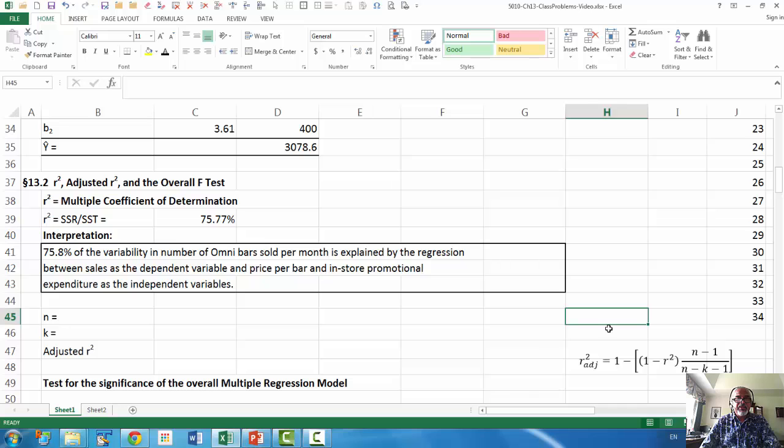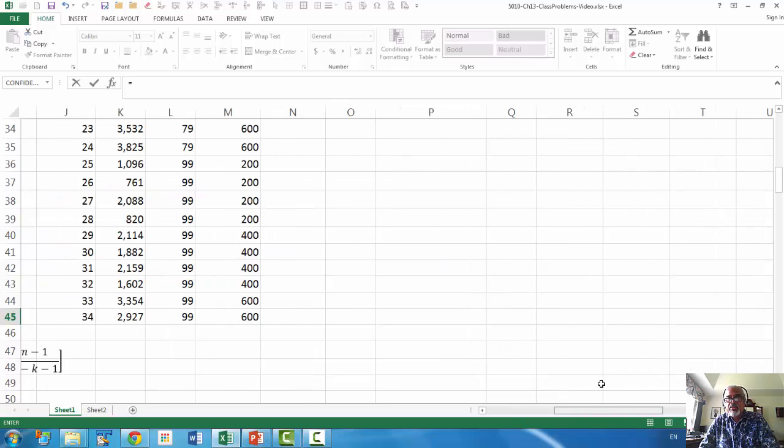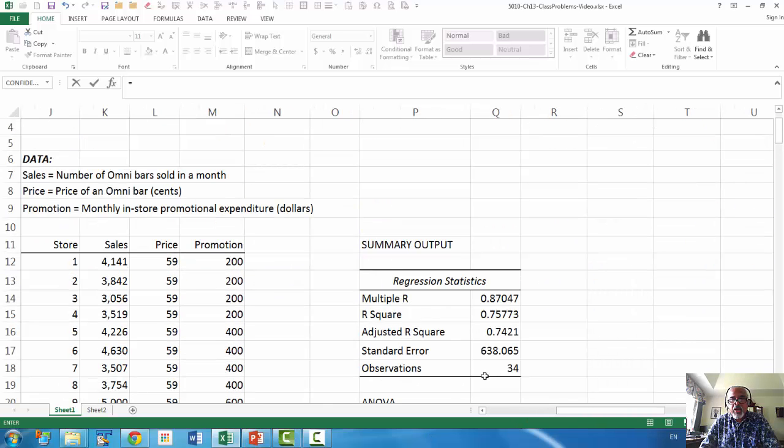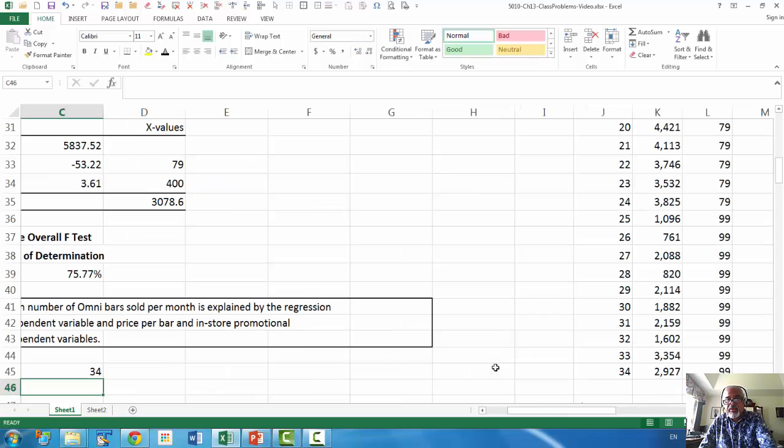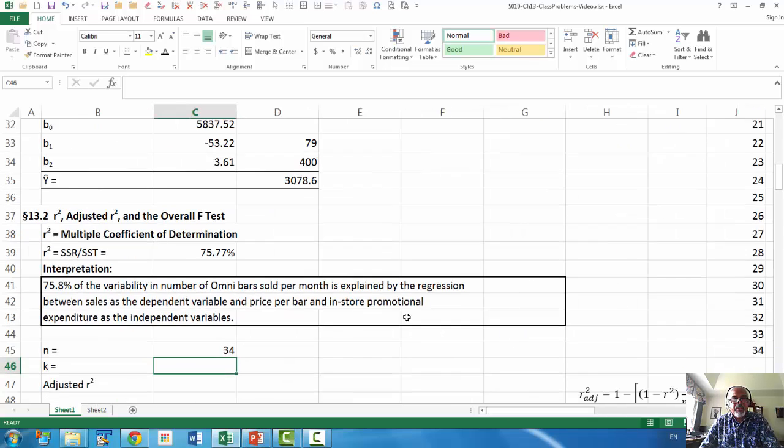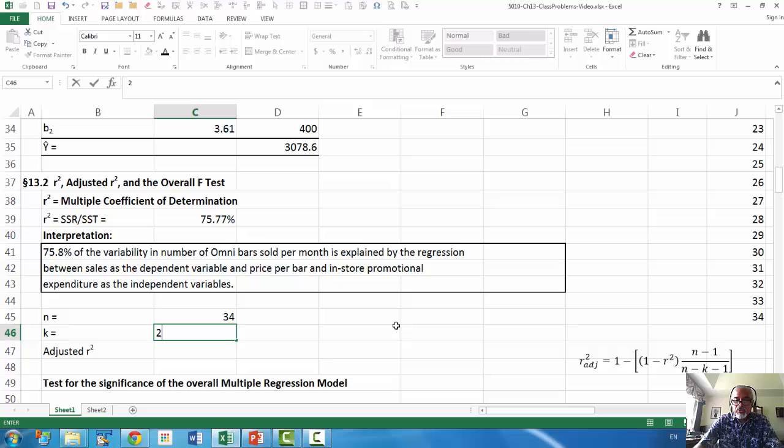Now we want to compute adjusted R squared, and for that we need N, the number of observations. K is the number of variables, which is 2.